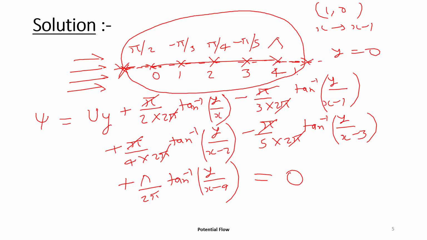If in all terms we take 0, then all terms will be 0, so it will automatically be satisfied, so we cannot find anything. As there are 2 points, for one it can be 0 and for the other it can be pi, so we will take this tan inverse 0 equal to pi.